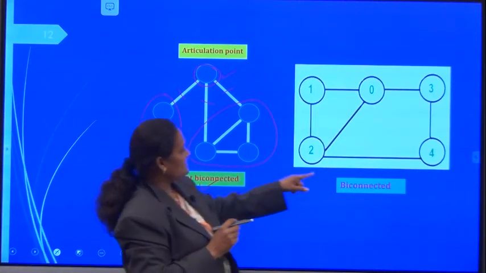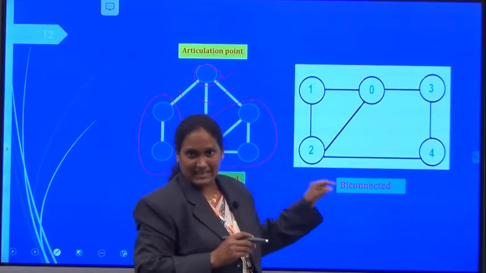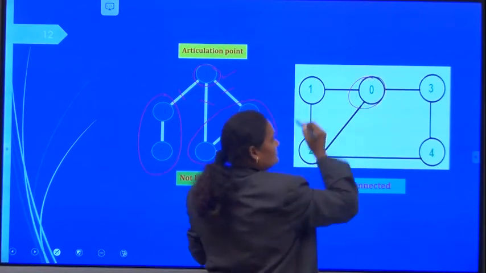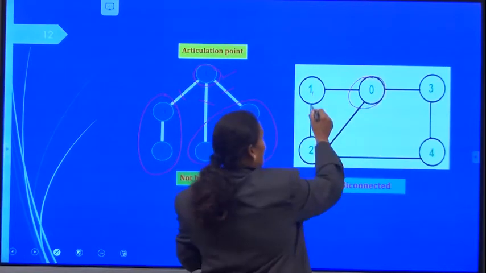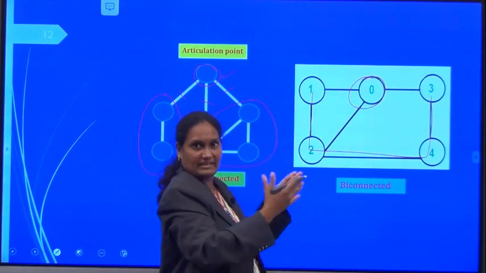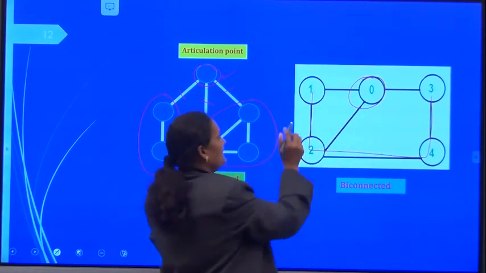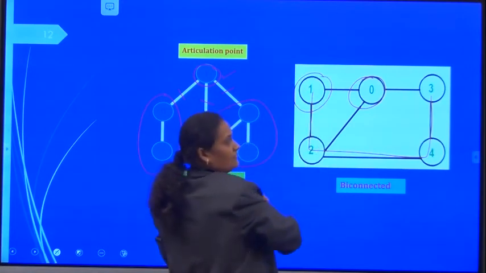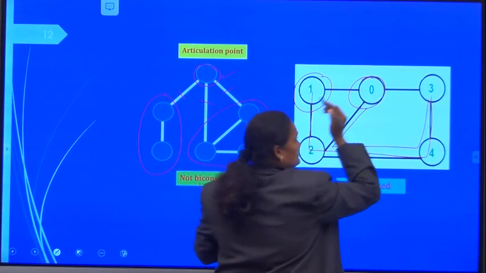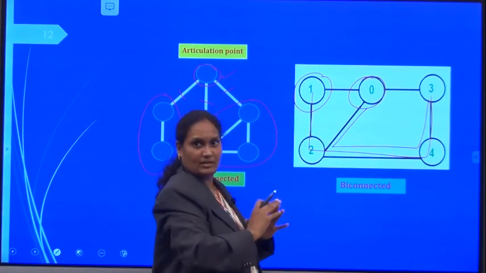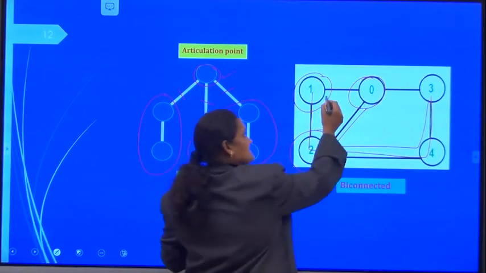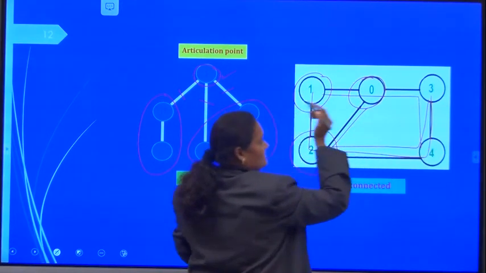Now if you observe, this graph becomes biconnected. If I remove 0, the graph is still connected. It is not divided into connected components. If I remove 1, the graph is still connected. If I remove 2, still the graph is connected.